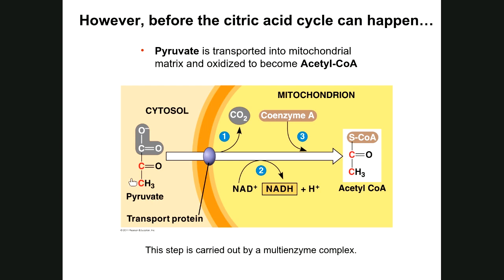But it shows you here in the cytosol, each molecule of pyruvate is transported into the mitochondria. Once the pyruvate enters the mitochondria, there is what they call a multi-enzyme complex. A bunch of enzymes that have come together as one big group, okay? And what they do first is they strip some electrons from this 3-carbon backbone.